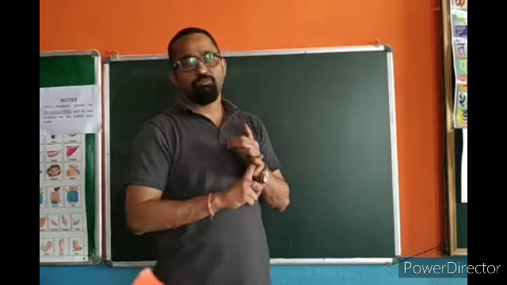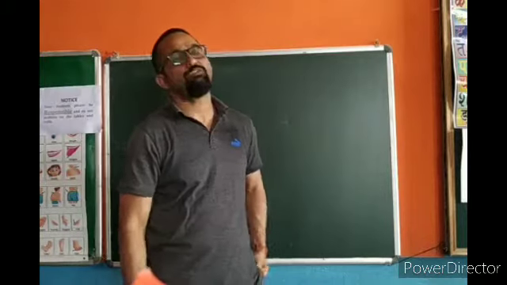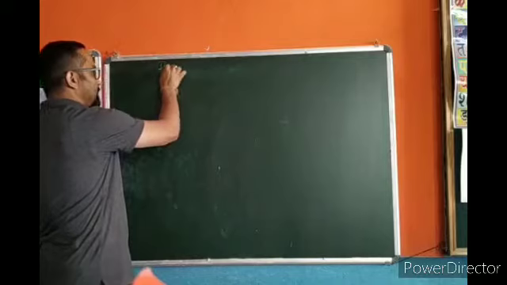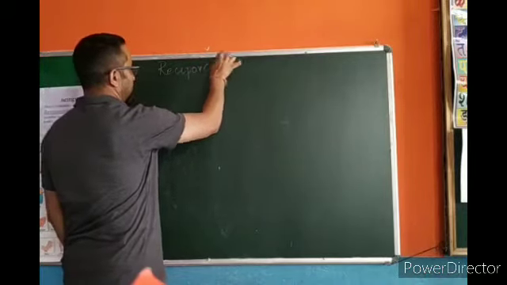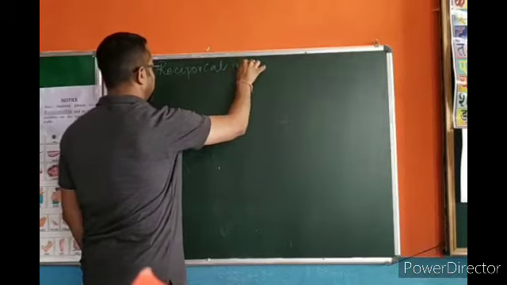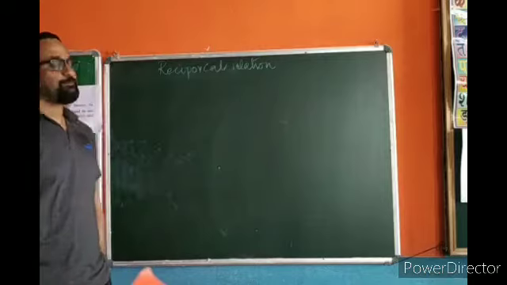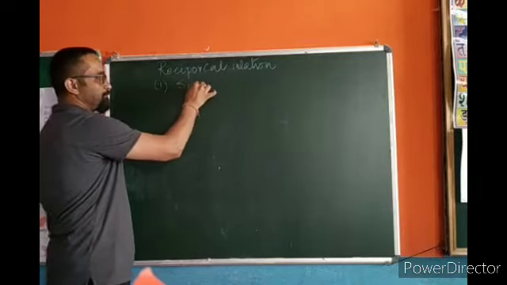We know the relation between all trigonometrical ratios, and the first relation is known as reciprocal relation. The first trigonometrical ratio is sine.